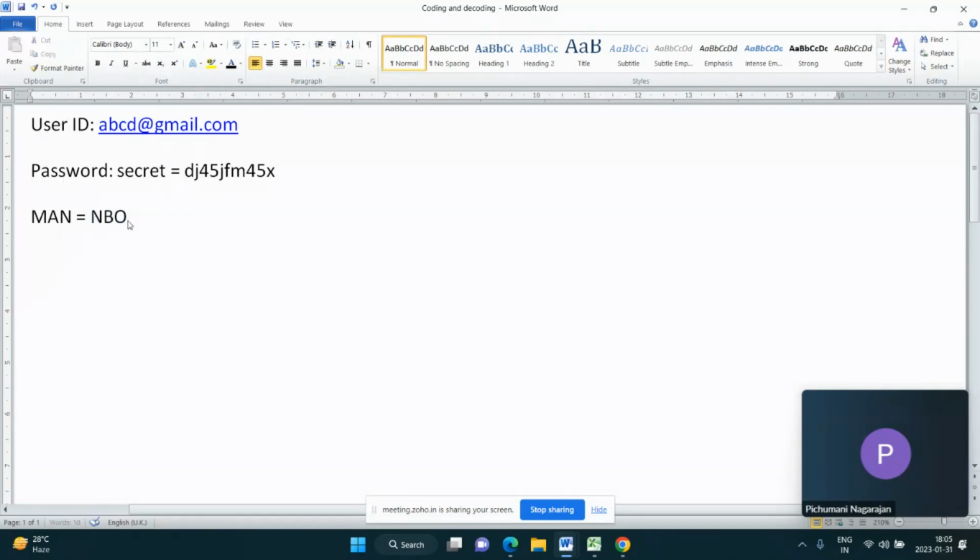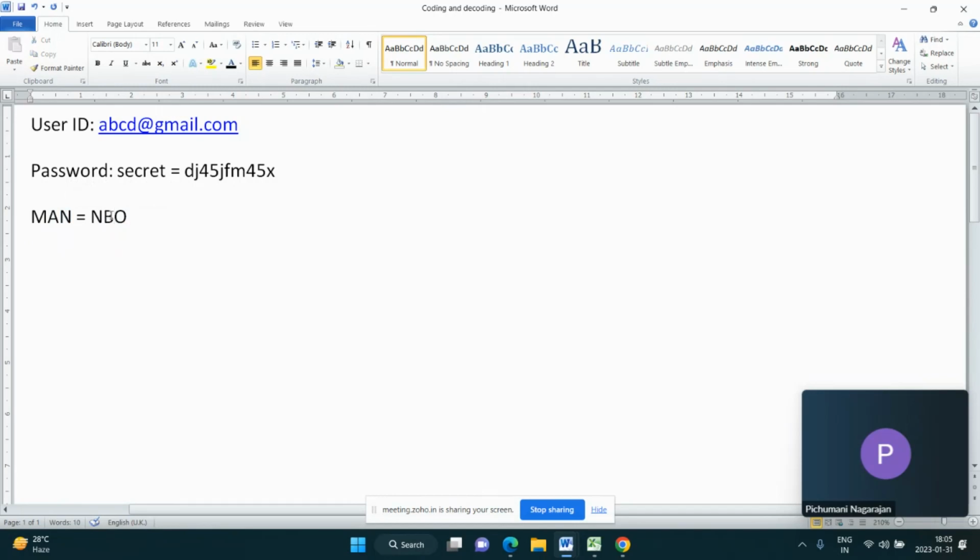How do I know that MAN is equal to NBO? The system should know that MAN is equal to NBO, right? So how have I formed this? N is the next letter to M. B is the next letter to A. O is the next letter to N. Now I have coded this.